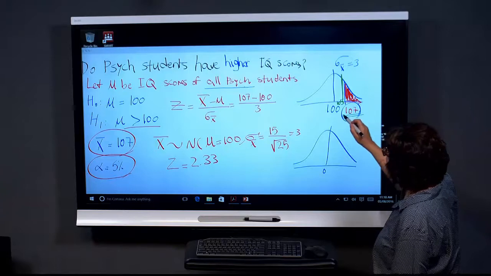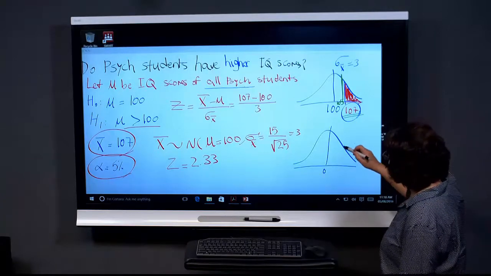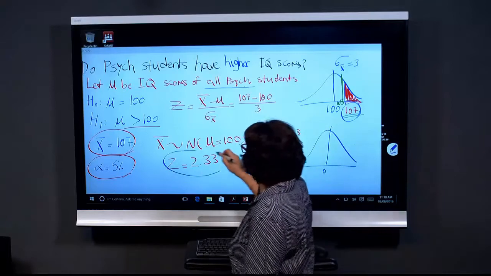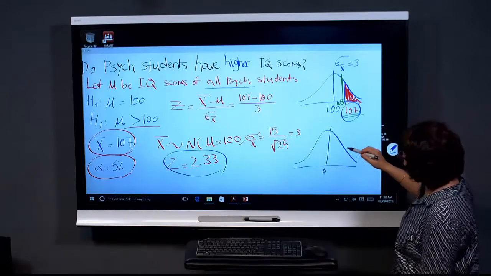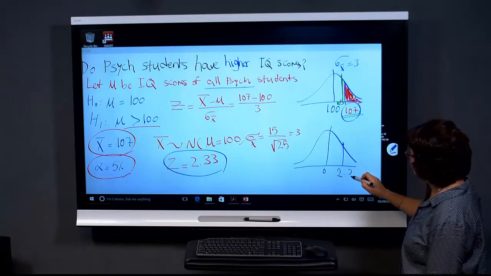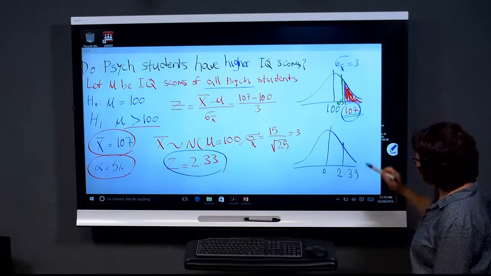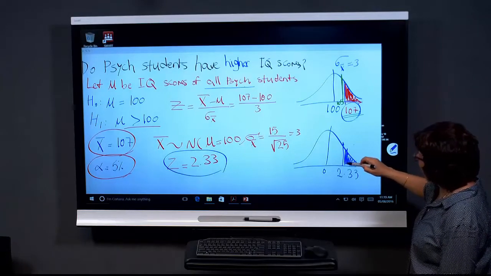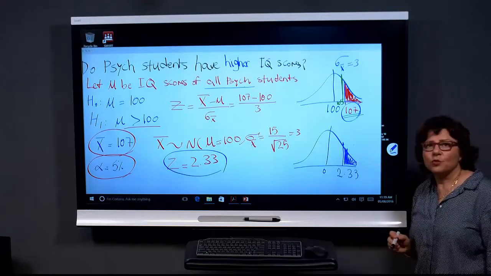Instead of 107 for the raw score, I change it to 2.33. All right, so I will have my observed value as 2.33.